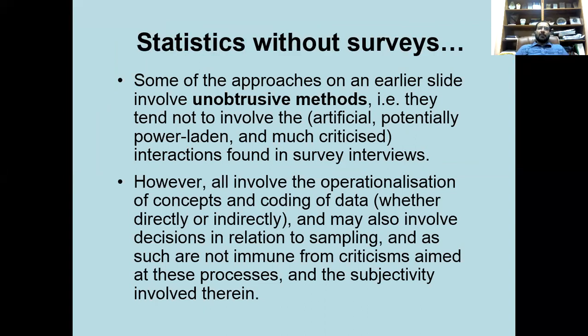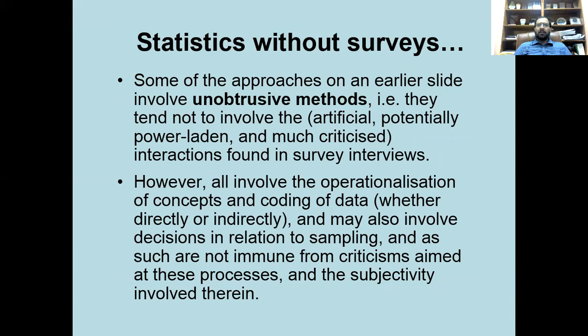So some of the approaches on an earlier slide involve unobtrusive methods. That is, they tend not to involve the artificial, potentially power-laden and much criticized interactions found in survey interviews. So that is called an unobtrusive method. Why is it called an unobtrusive method? Because there is no ambiguity. Whatever information we have, we can depend on it.